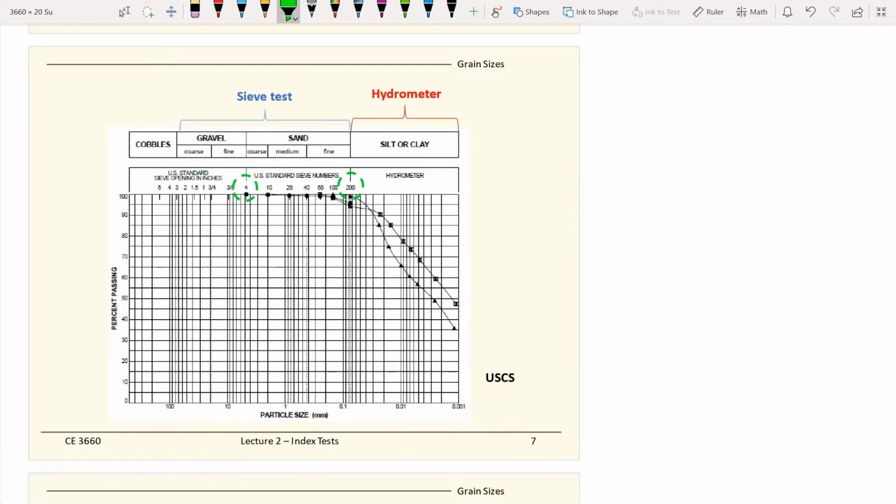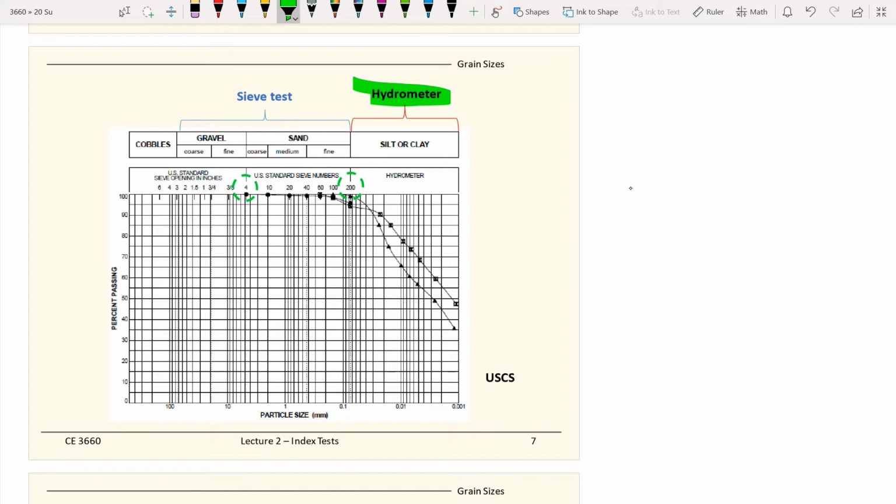So now with the hydrometer, these are the same three test results, the same grain size distribution curves that we looked at about two slides ago. But now, in addition to the sieve test results, we also have the hydrometer test results. Combining the sieve and hydrometer test results gives us the complete grain size distribution curve. If you have a sand soil sample, then pretty much everything stops at number 200, because all of it is retained on number 200.